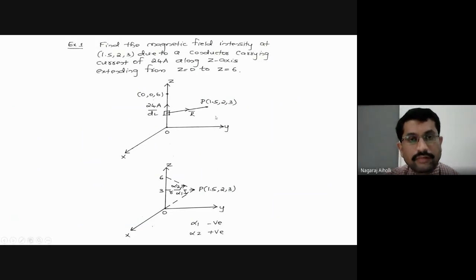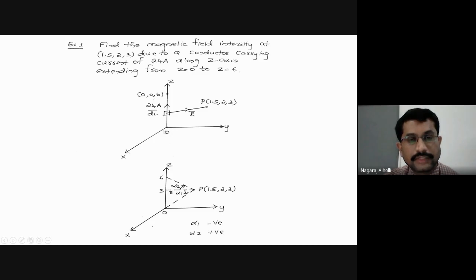So here we have to find the magnetic field intensity at the point P of (1.5, 2, 3). This is the coordinate of the point P. The current carrying conductor carries a current of 24 ampere along the Z axis, extending from Z equal to 0 to Z equal to 6.